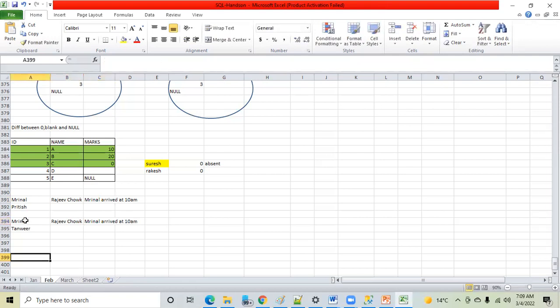But Mrinal and Tanveer, they have never discussed that they will be meeting at Rajiv Chowk at 10 a.m. Does this make sense for Mrinal to arrive at 10 a.m. and to wait for Tanveer here? No, because it was never discussed or agreed that we two will meet at Rajiv Chowk at 10 a.m. Okay. But here there is a hope, there is an expectation, right?